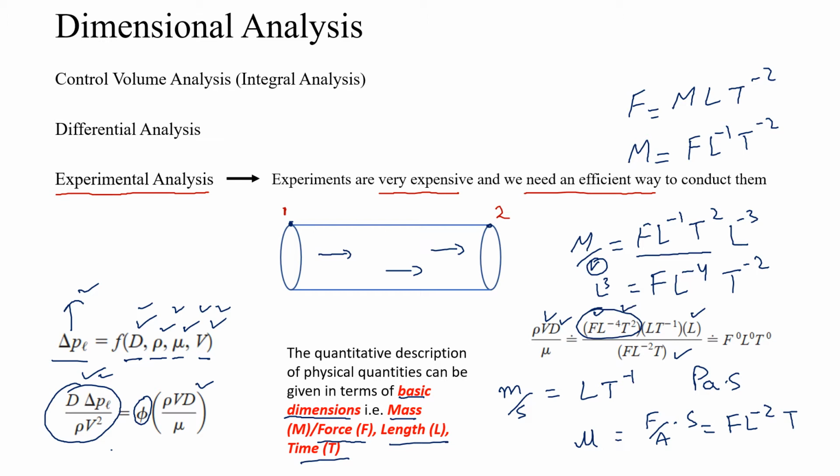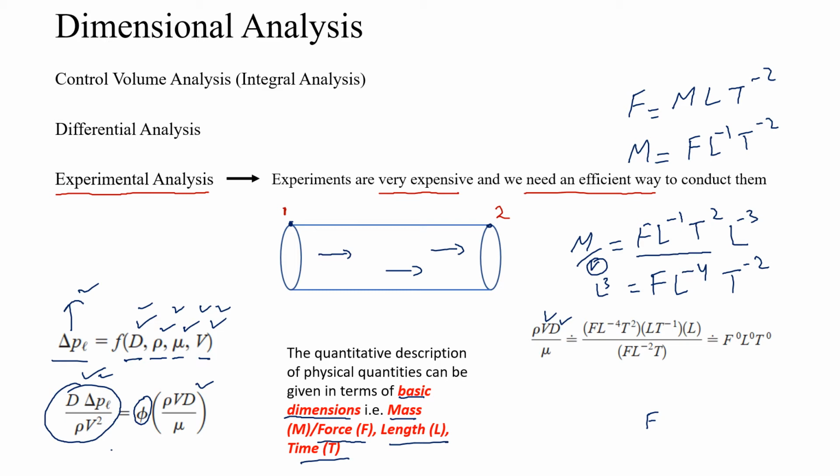So this is how we write the units of these terms, and if I start cancelling out these units, it will come out to be dimensionless. These units will cancel out each other, and this term will be unitless. It does not have any unit, and it is also called dimensionless. The force will cancel out with the force, L minus 2 will combine with this L squared, and the minus 2 will be cancelled out.